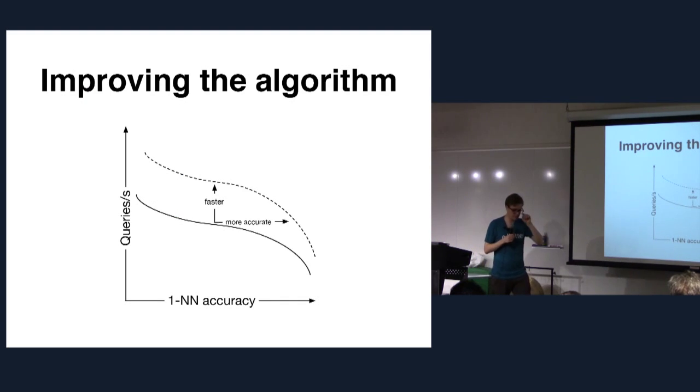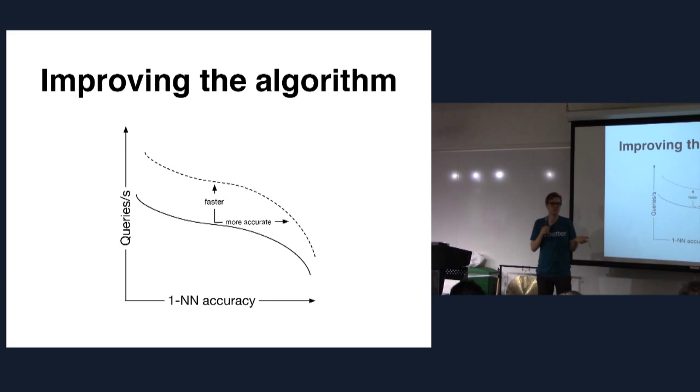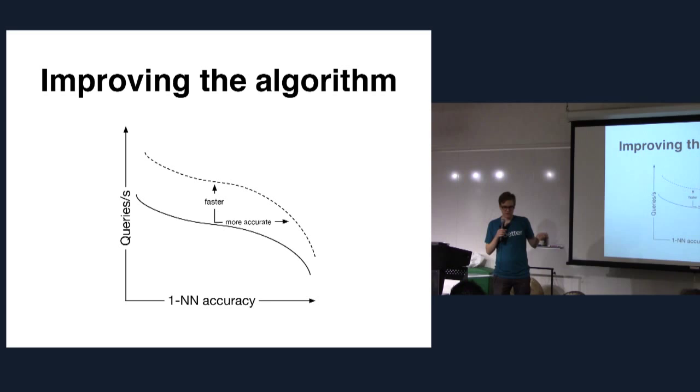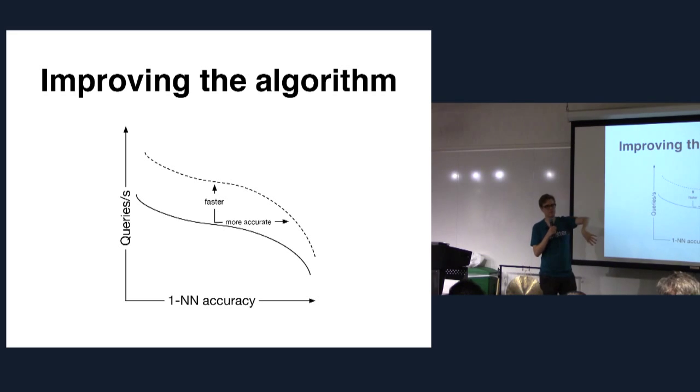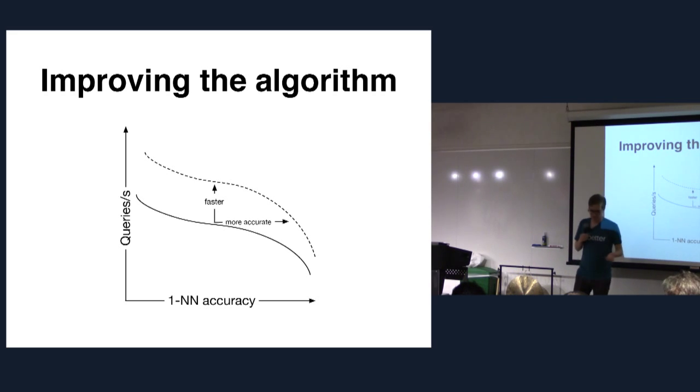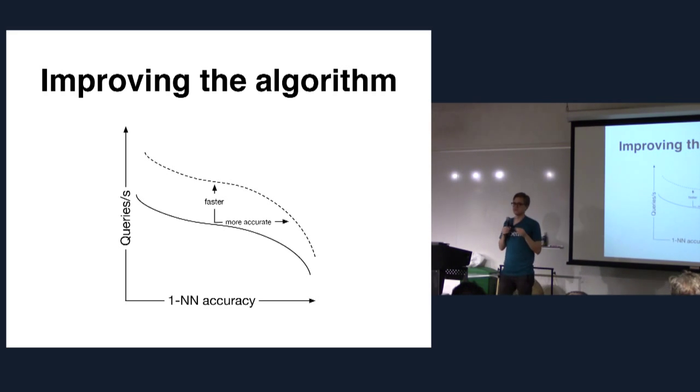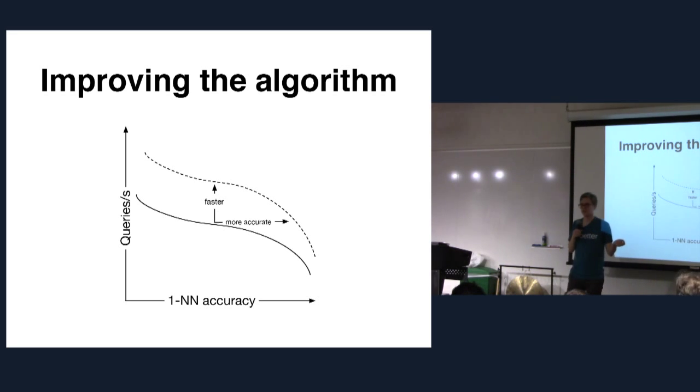Another thing that I like about Annoy is that it's not just about improving accuracy or improving performance. An improvement in accuracy, you can reinterpret as an improvement in performance. So you have this weird case which I think is fun, where I can choose to build my machine learning algorithms better, and that could improve accuracy.